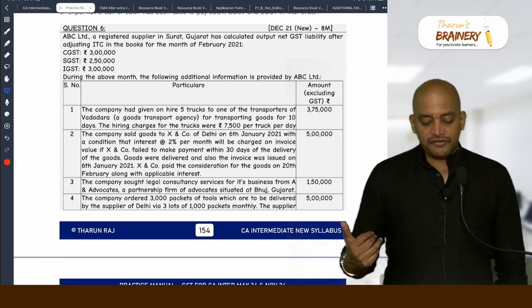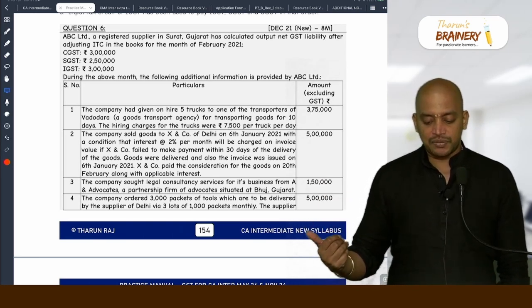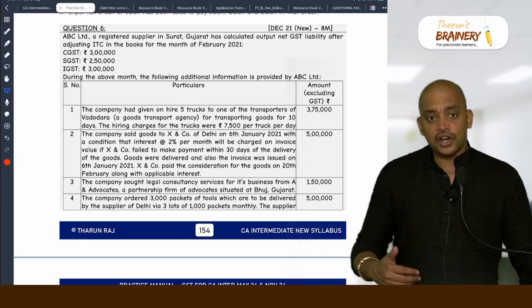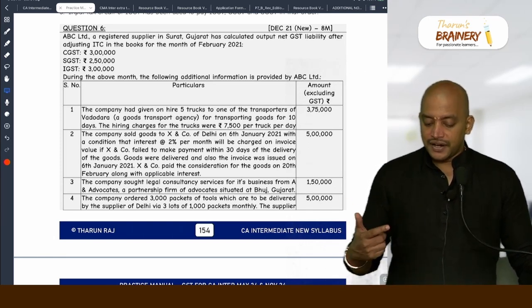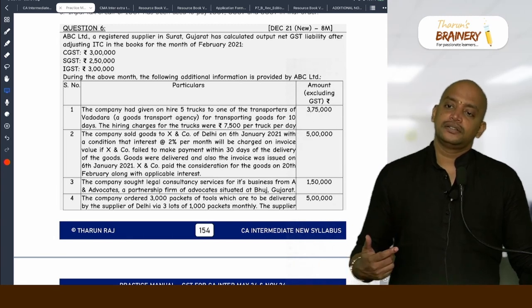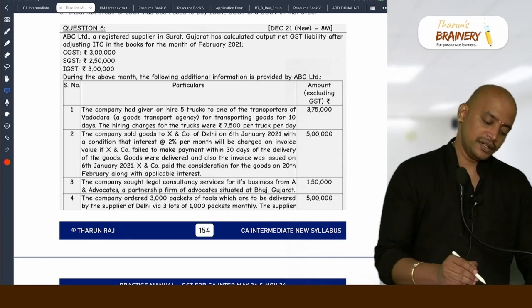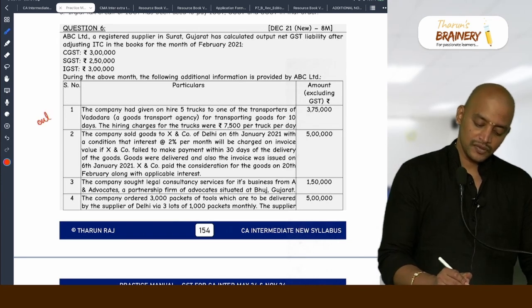During the month, the following additional information is provided by ABC Limited. The company had given on hire 5 trucks. Inward, outward? Has given on hire 5 trucks. Outward.